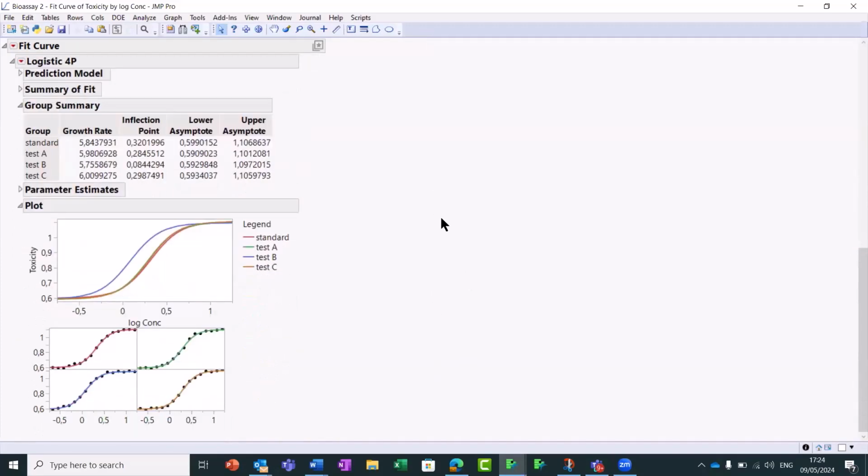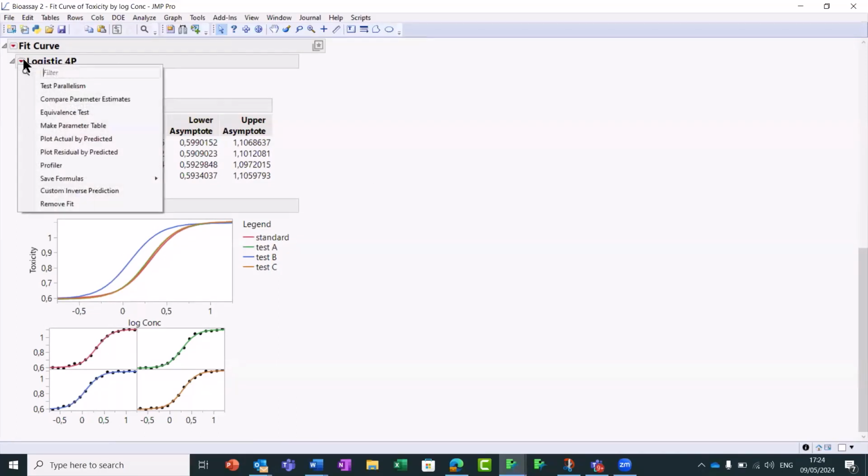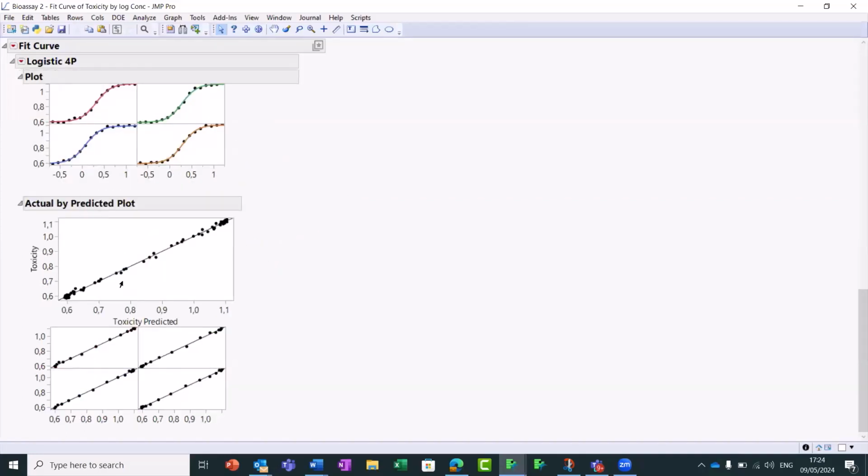Okay, so what else should I say for this one? I think that's fine. Maybe what we can also do is look at the plot of actual by predicted, to see if the model fits a linear regression. We can do that, and now we can see that the model is fairly good.